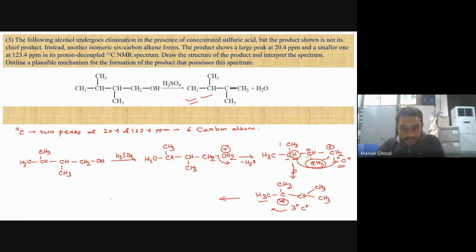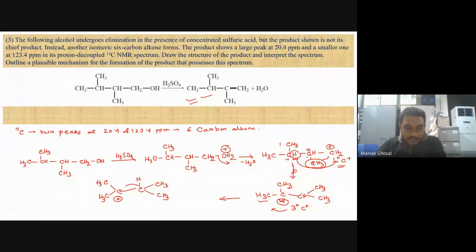No, it cannot remove. Now I am writing the structure like this: carbon, hydrogen, methyl, methyl, and here is a plus sign.